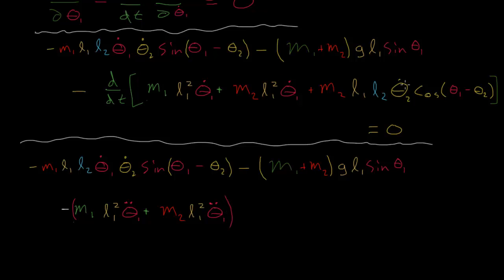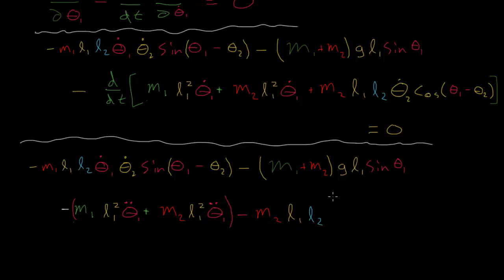And then for this term, theta 2 dot is a function of time, and so are theta 1 and theta 2. So it turns out we need to use the product rule. So minus, I'm going to copy and paste these because they're constants. So those come out front. And then we need to do the derivative of theta 2.